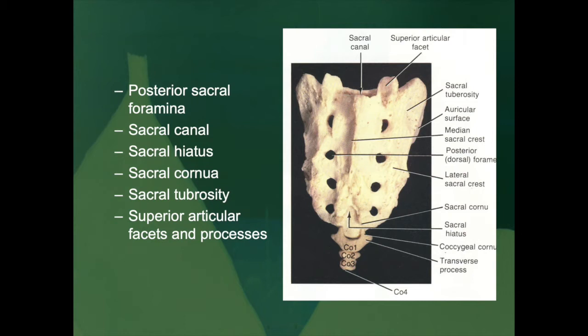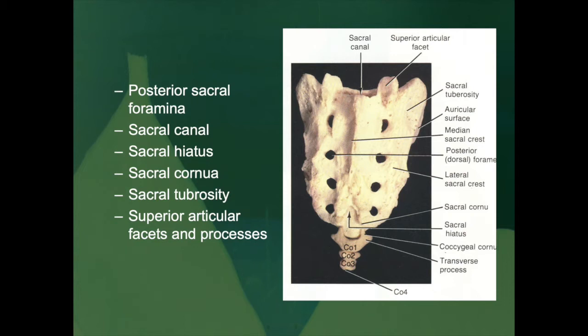So take a moment, take a look at your Bass book as it relates to the sacrum. Look at those varying elements, how they articulate with one another, and then think about that growth and development and a little bit of their function with regard to the foramina. Then take a moment as well to look at this diagram.